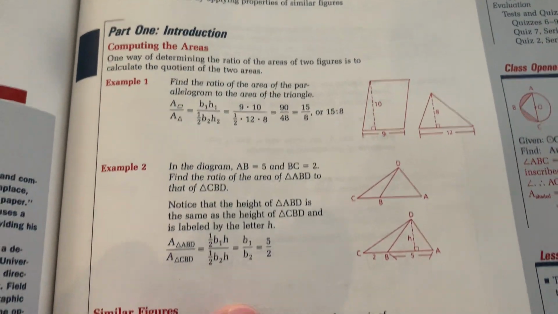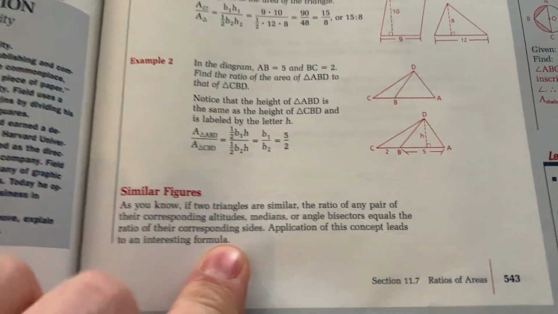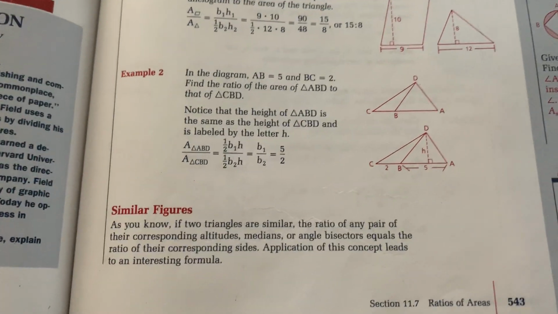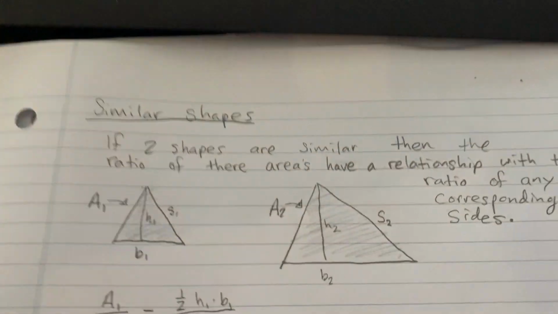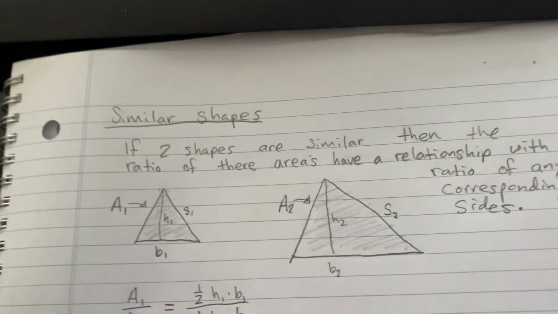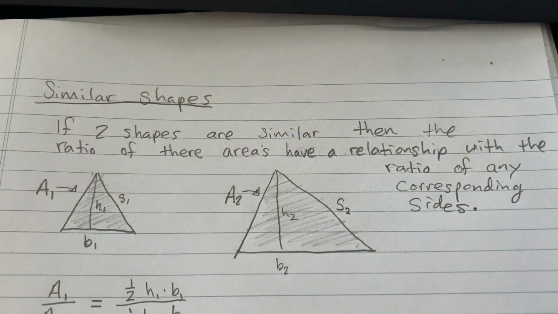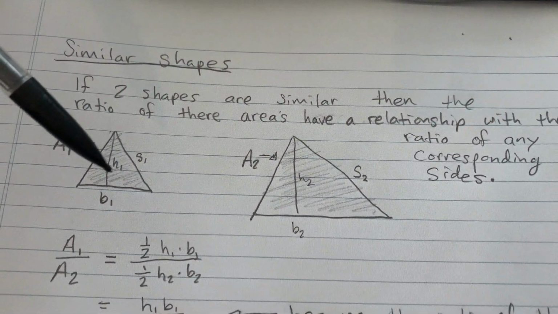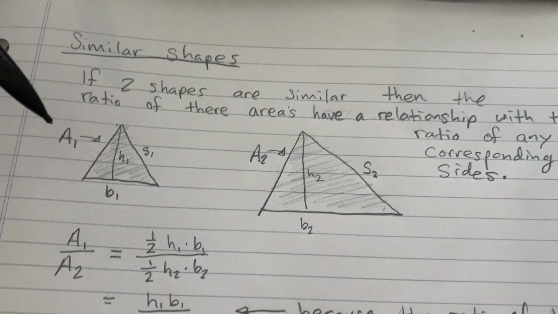And so next we want to talk about similar figures. They have something special going on if they're similar. All right, so if shapes are similar, let's just use an example of two generic triangles, and what you know is that they're similar.